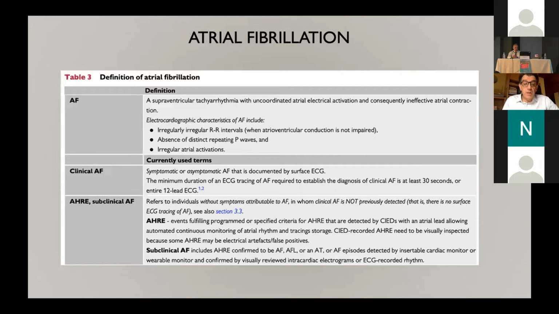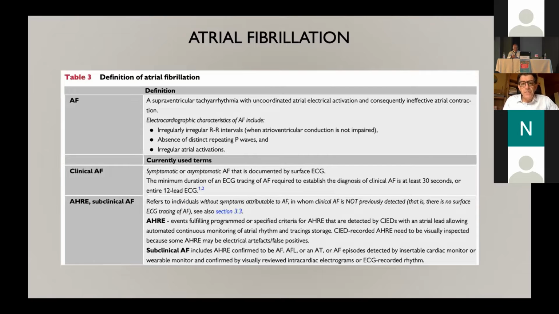And if we discuss chronic kidney disease, it's a multiplier for the incidence of atrial fibrillation in these patients.